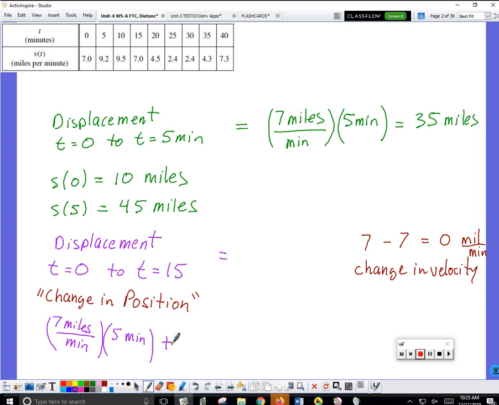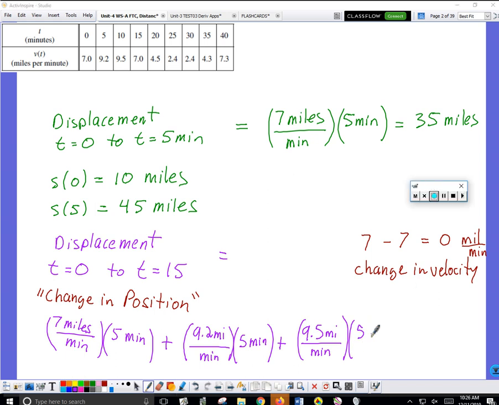And then I did 9.5 miles per minute times 5 minutes also. 3 points for Tori. 128.5, Tori. Yeah.